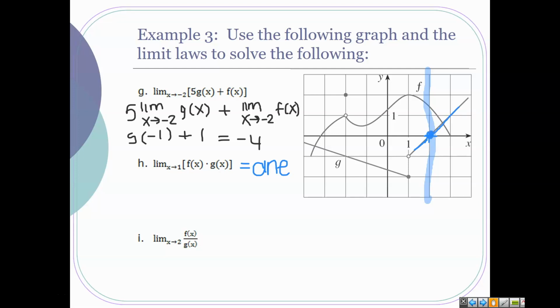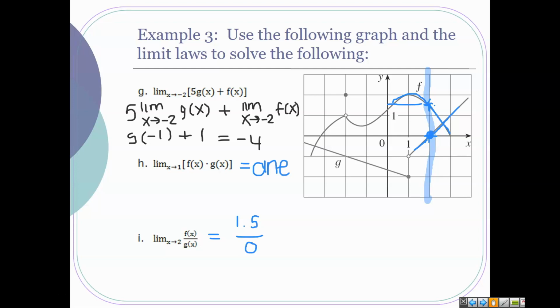Good. And at f of x, no. But if you're approximating, it'd be like 1.5. However, this is different than does not exist.